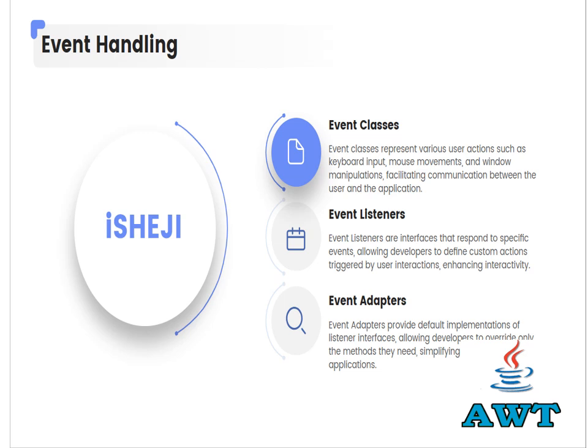An event adapter is a class that implements an event listener interface and provides a default implementation for all the methods. Event adapters are used to simplify the process of handling events by allowing you to override only the methods you are interested in.